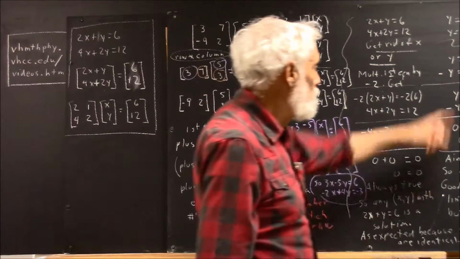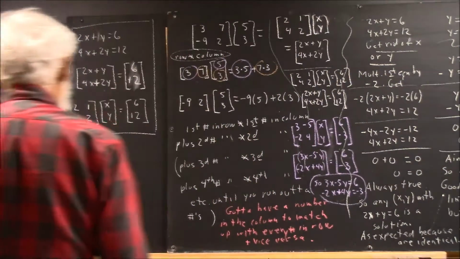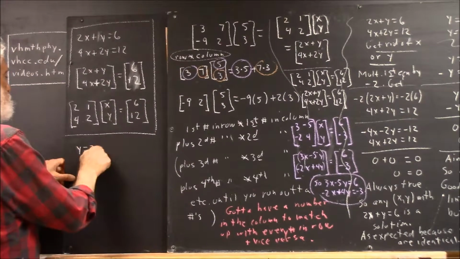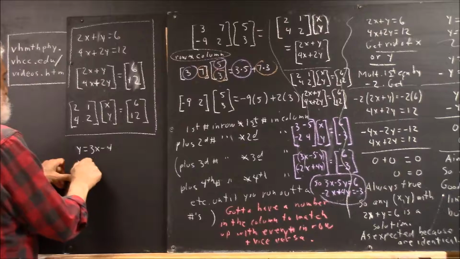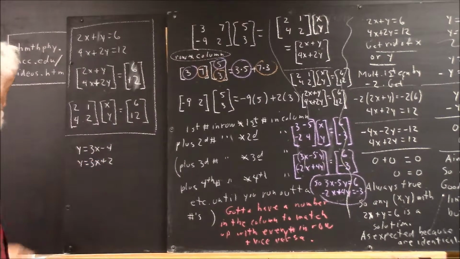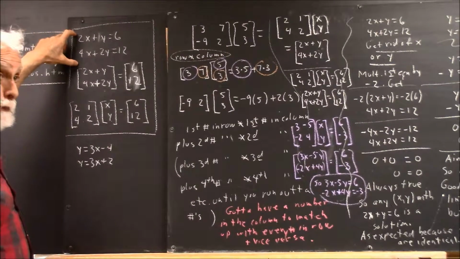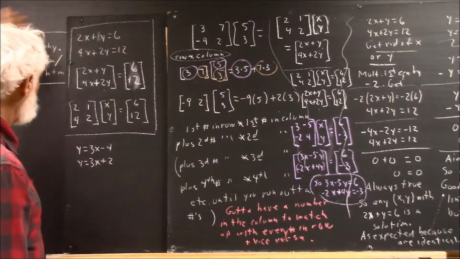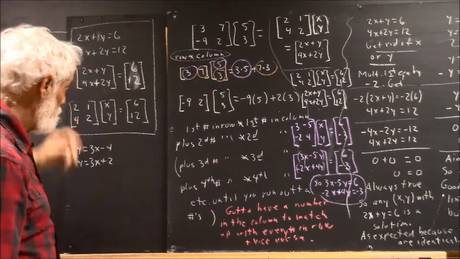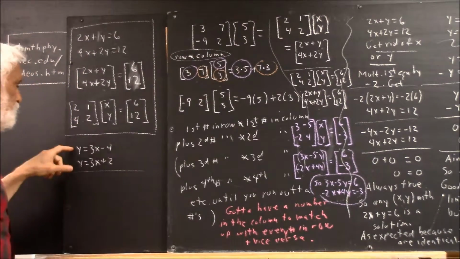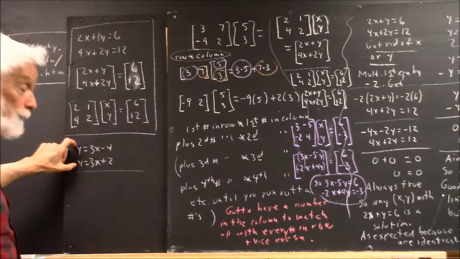So if we look at y equals 3x minus 4 and y equals 3x plus 2, this system doesn't look exactly like this one does, because in this system all the x's and y's were on the left and the numbers that were left over were on the right. Well, that's all right. We can write an equivalent system.